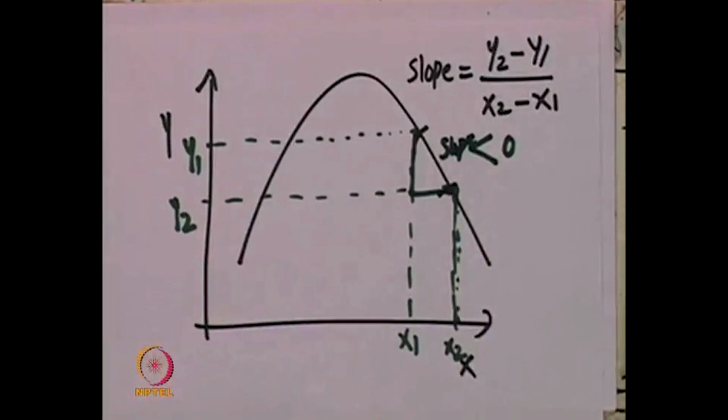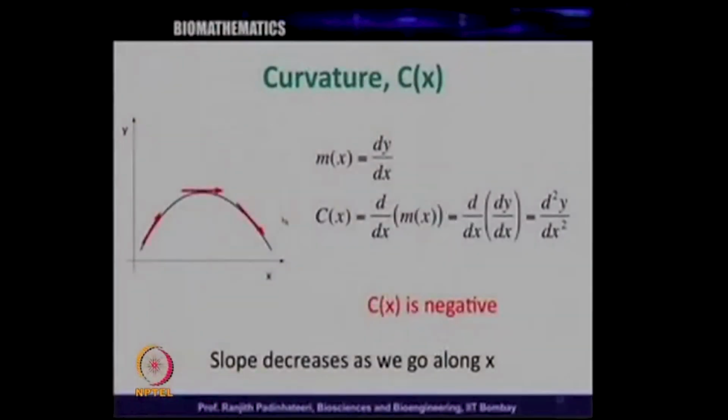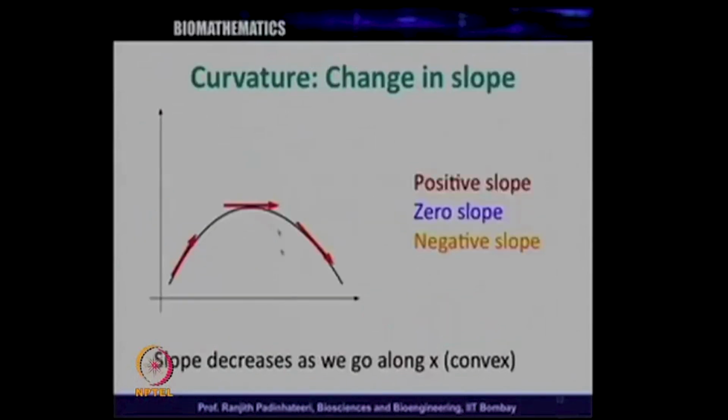So, we saw 3 cases. Let us look here. In the first case you saw that the slope is positive. Here at the maximum, the slope was 0. That means, even if you change x, the y was not really changing.